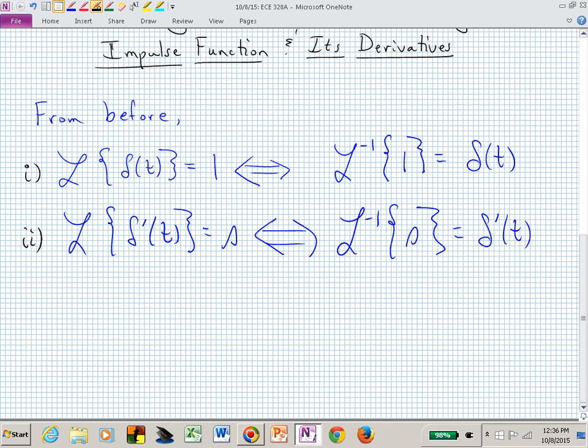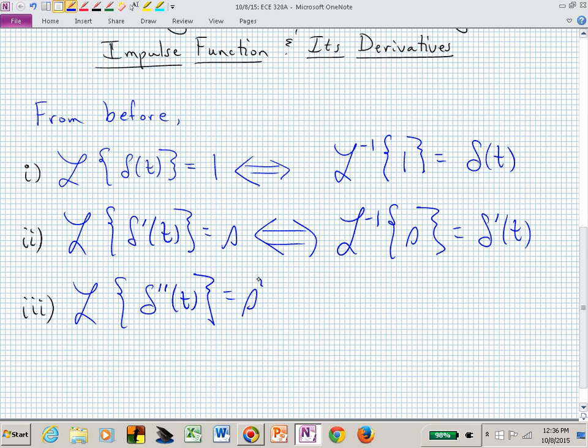Let's look at one more. Hopefully you'll never have to deal with this in the real world, but this is sort of a class, so we'll talk about it. What if we differentiated that again? Do you see the pattern that's developing? What would be the Laplace transform of a double derivative of the impulse?